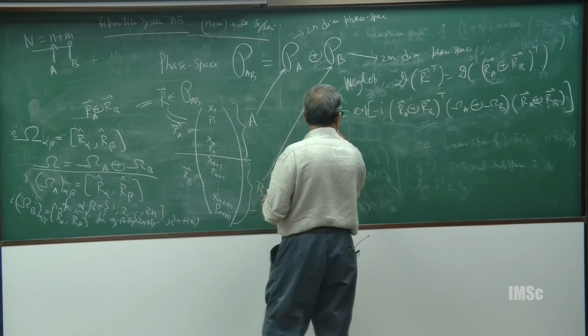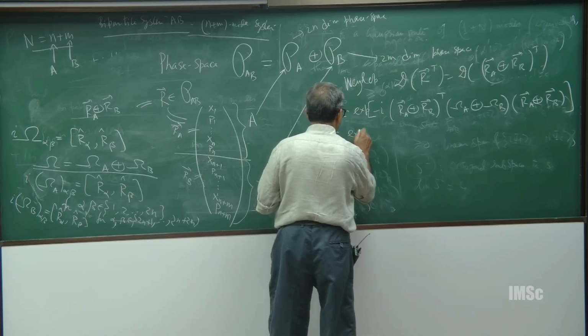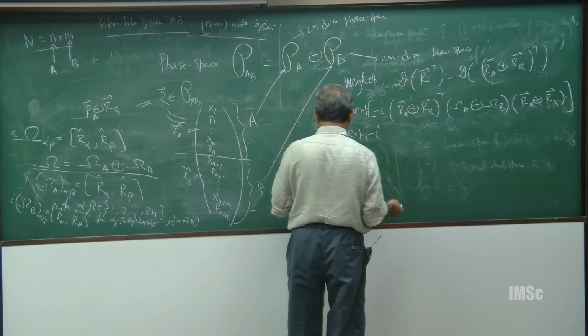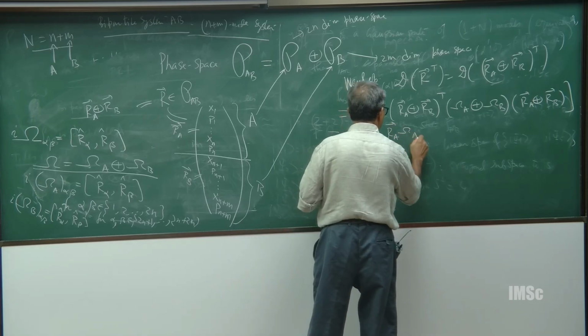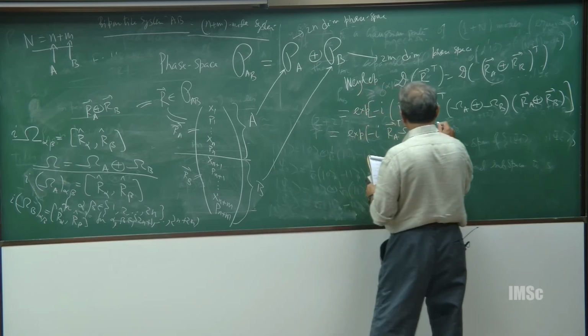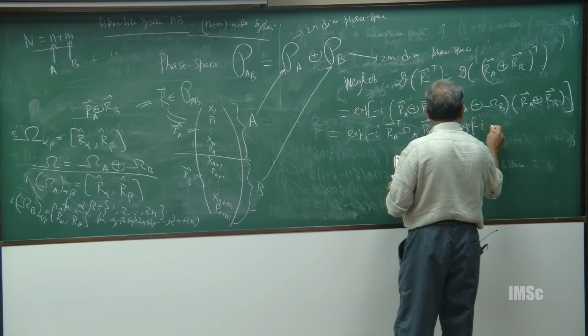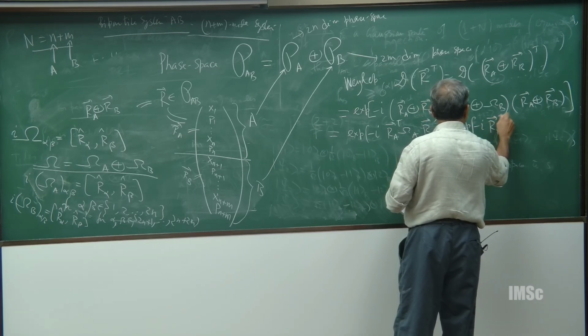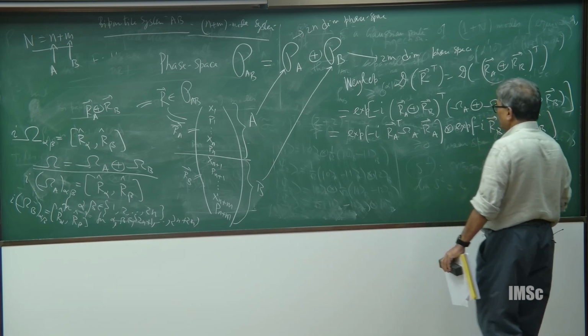And then this is basically exponential of minus iota R A transpose omega A R A tensor product exponential of minus iota R B transpose omega B R B, right.